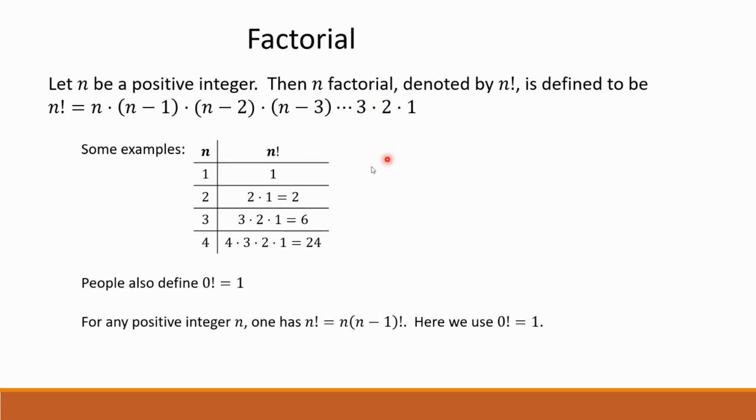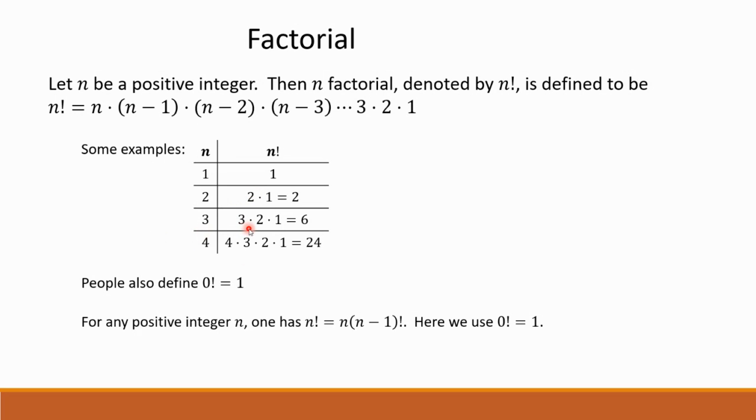I guess you could think of 1 factorial, when n is 1, as just 1. That's really the definition if you want. When n is 2, you have 2 factorial, but that's just 2 times 1. 3 factorial, what's that equal to?